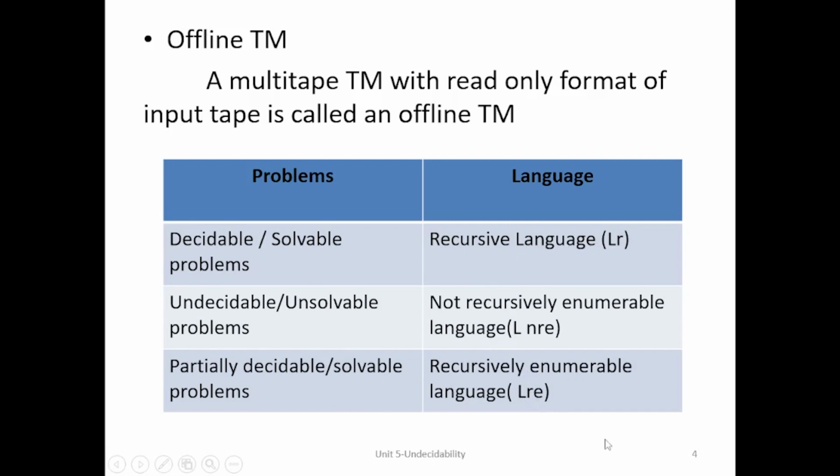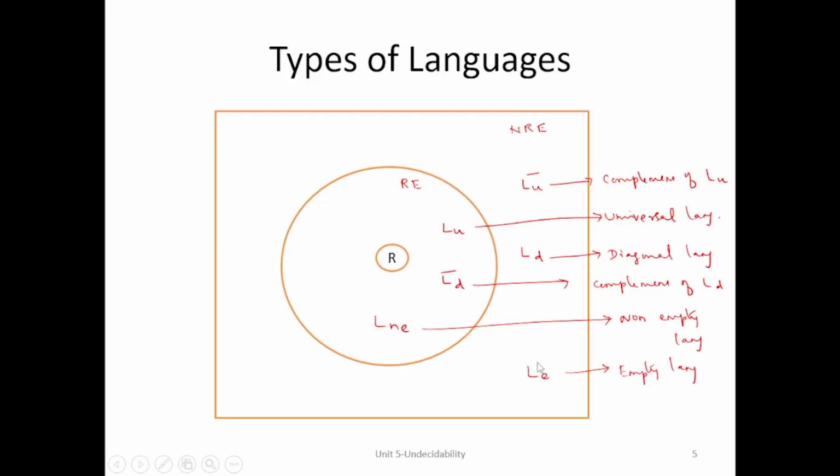So there is always a relationship between LR, LRE and LNRE. All problems are initially treated as not recursively enumerable problems, denoted as LNRE.